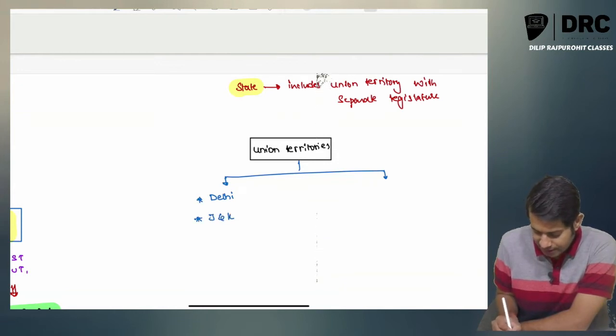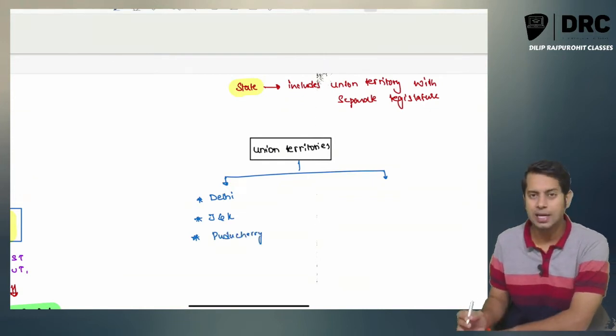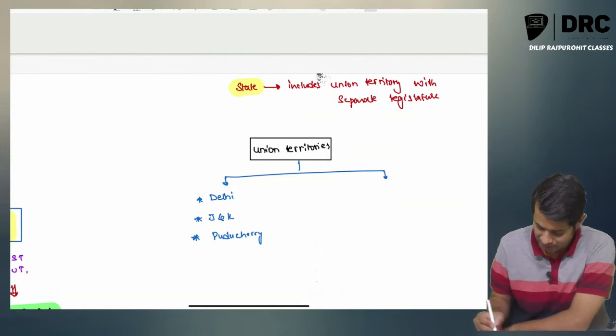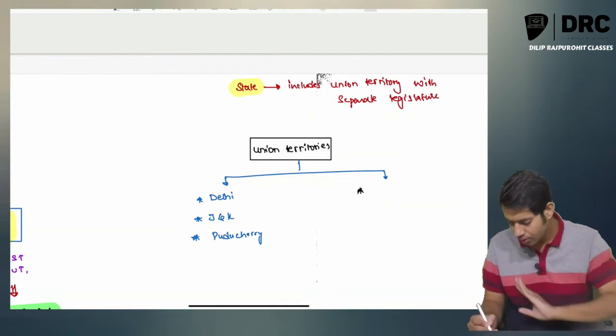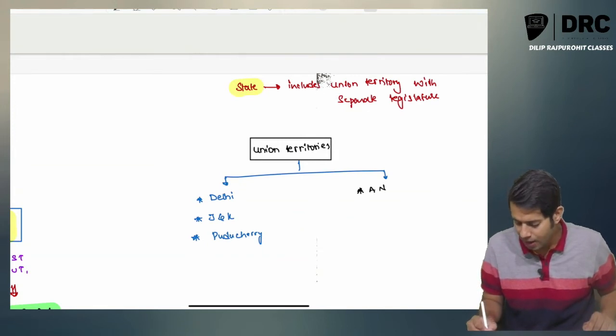Jammu and Kashmir is a union territory. Puducherry or Pondicherry is a union territory. Similarly, Andaman Nicobar is a union territory. Lakshadweep is a union territory.